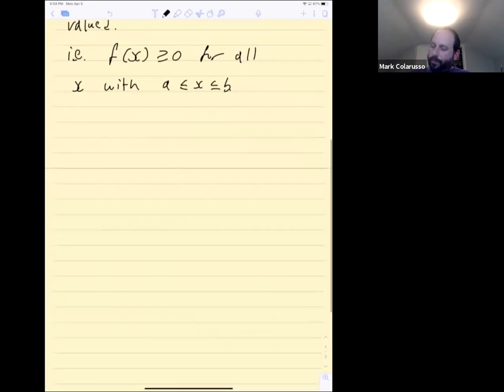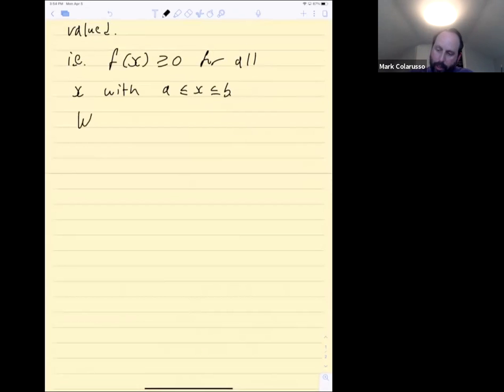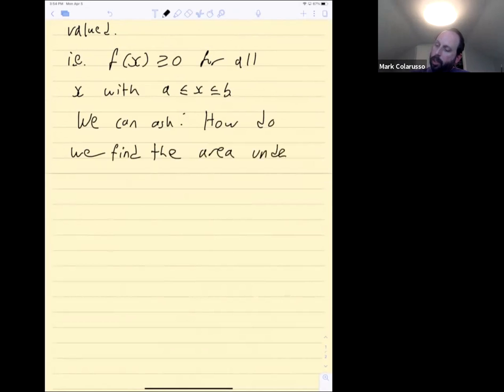Okay, so then we can ask the following question: how do we find the area under the graph of f between x equals a and x equals b?